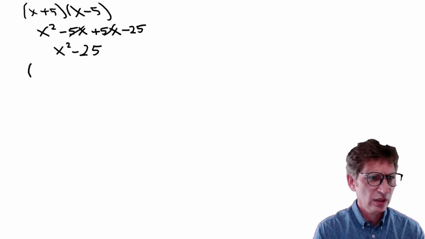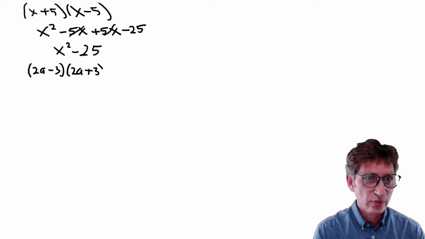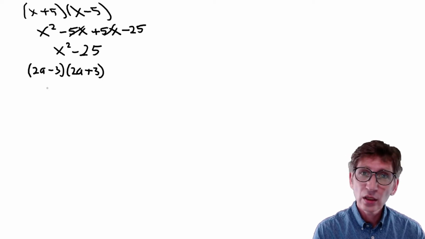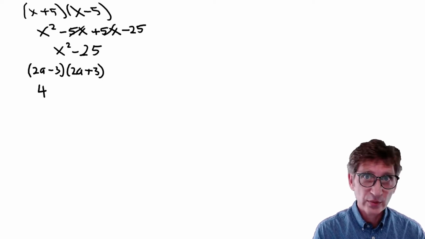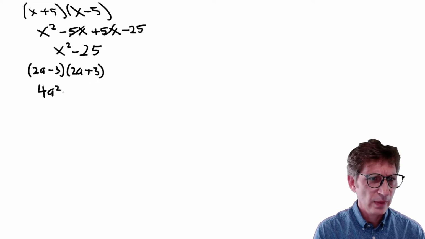Ooh, interesting. Let's try another one. Let's do 2a minus 3 times 2a plus 3. FOIL it. 2a times 2a, 4a squared. Outer terms, 2a times 3, 6a.